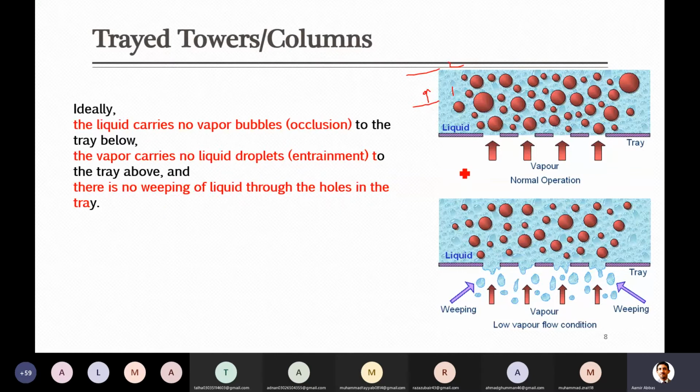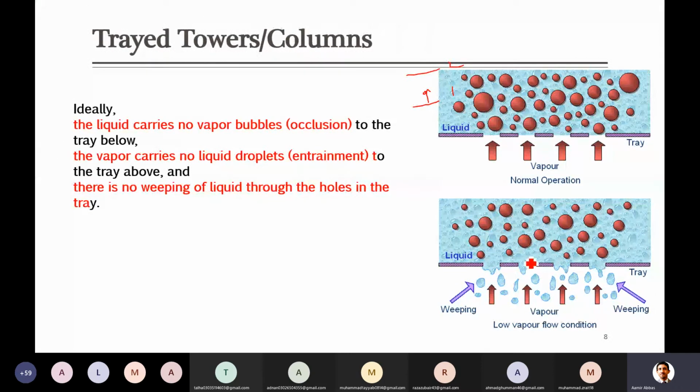Here you can see the normal operation of the tower, in which the vapor enters from the bottom and comes in contact with the liquid, and there is no liquid flow through these holes, through which only vapors enter and move towards the top. Why didn't liquid come down? Because the pressure of the vapor is high compared to the force of the liquid going down. So liquid will be pushed up and it makes froth, and there is no liquid coming down.